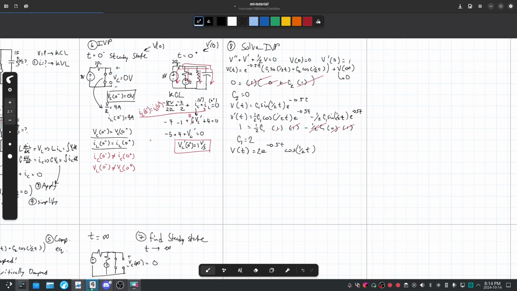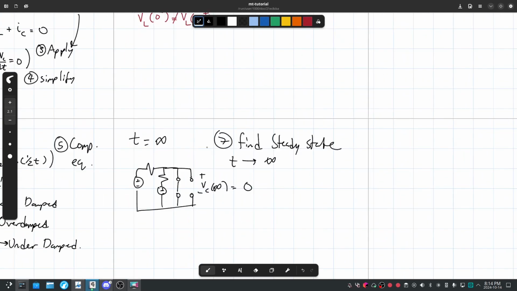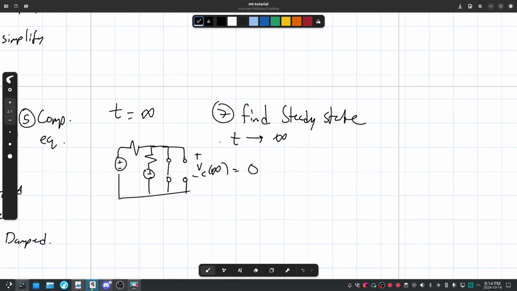Are there any questions? When do we find VSS and ISS? You mean steady state, as it approaches infinity? As I was saying earlier, if you do not have any sources in your circuit after time is equal to 0, you can just assume that steady state is 0, because there is no voltage running through it at all.